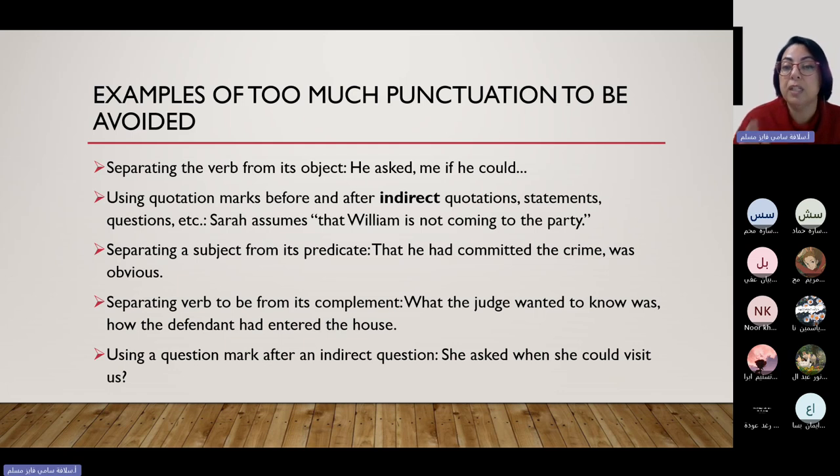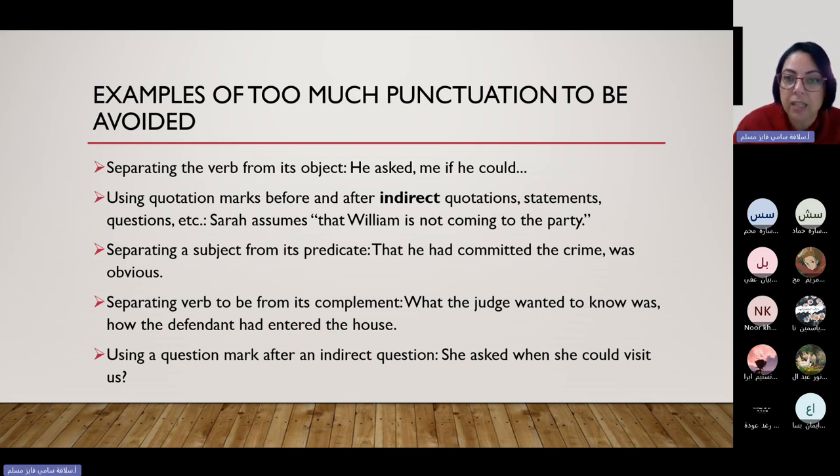We never separate the verb to be from its complement. What the judge wanted to know was how to defend and how the defendant had entered the house. This is a verb complement. The verb to be has a verb complement.